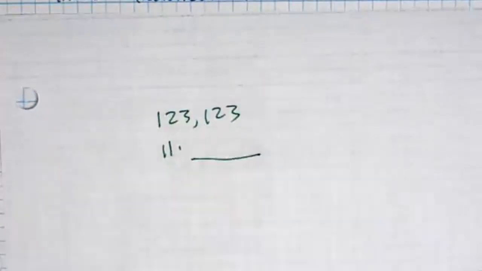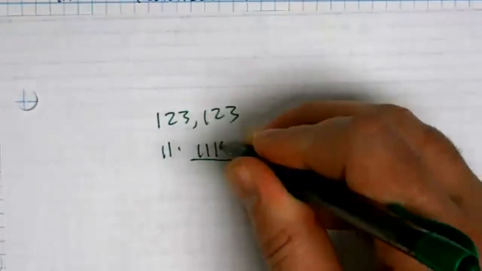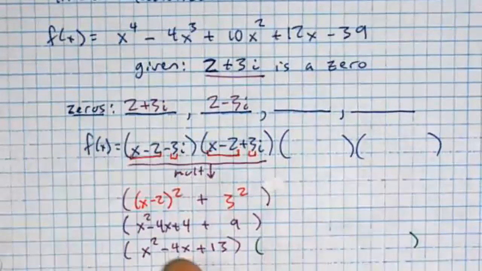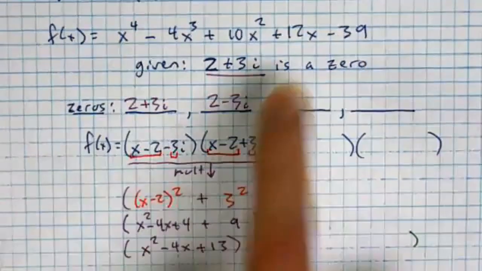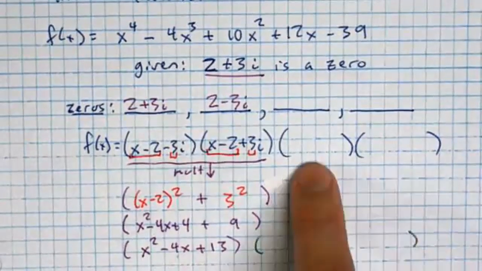I'm pretty sure that's true. That would be 11,193. And then I could maybe use this to find some other factors, right? So we're going to do the same thing. We know this is a factor, so we'll take our original thing, divide it out and see what we have left over. And that'll help us figure out what these other two factors are.